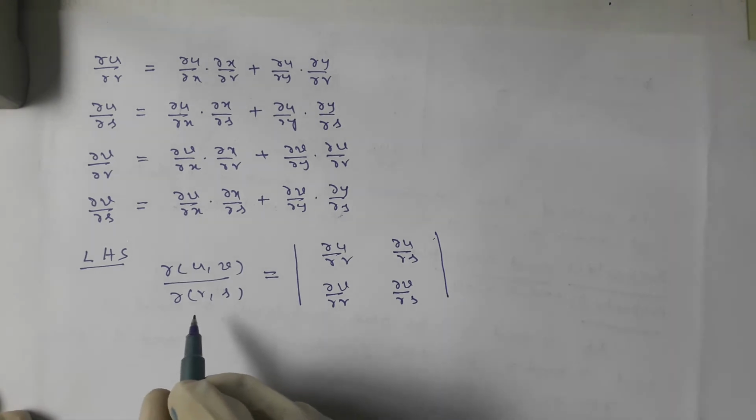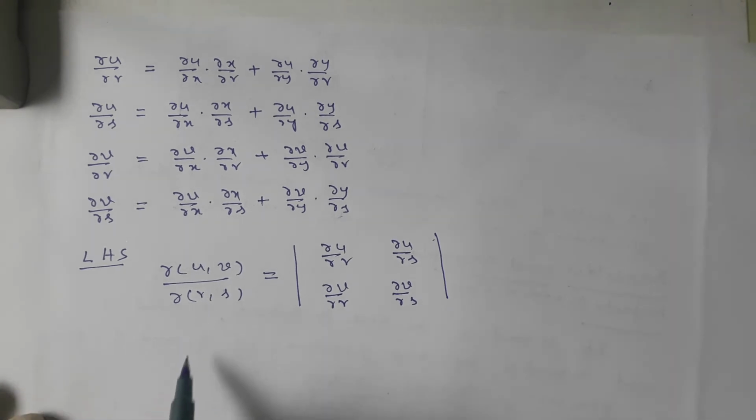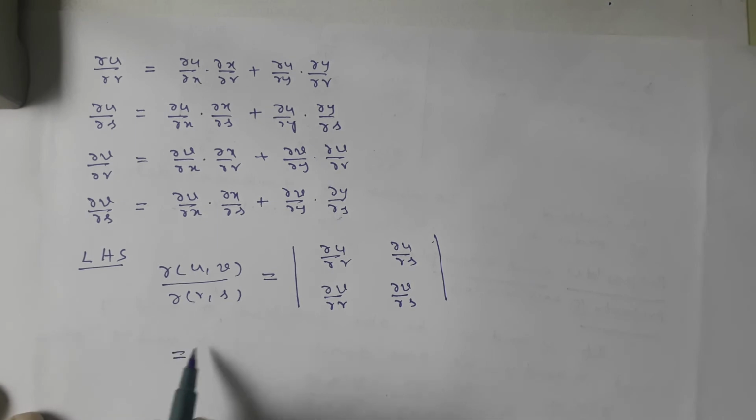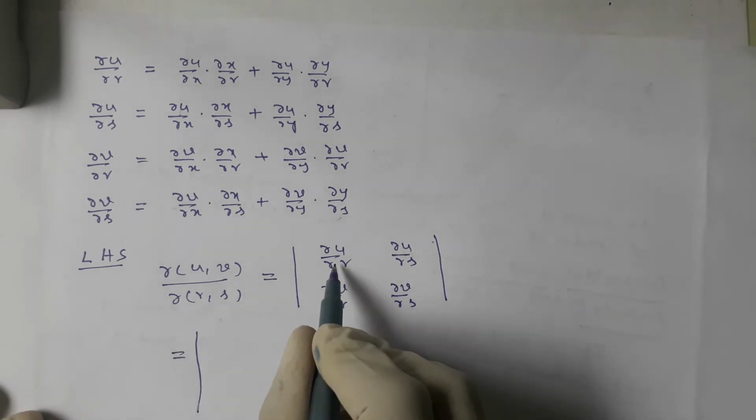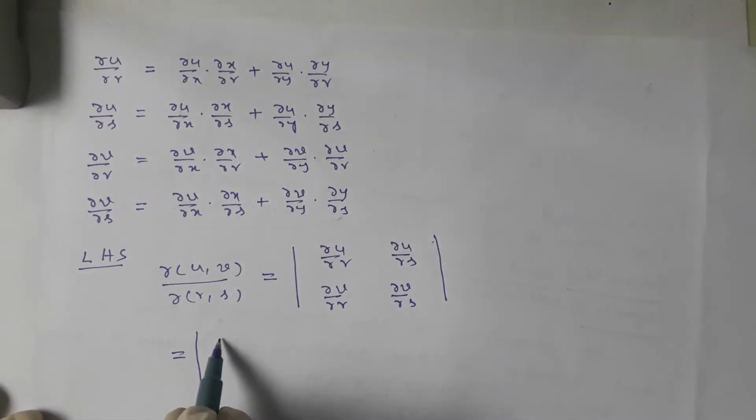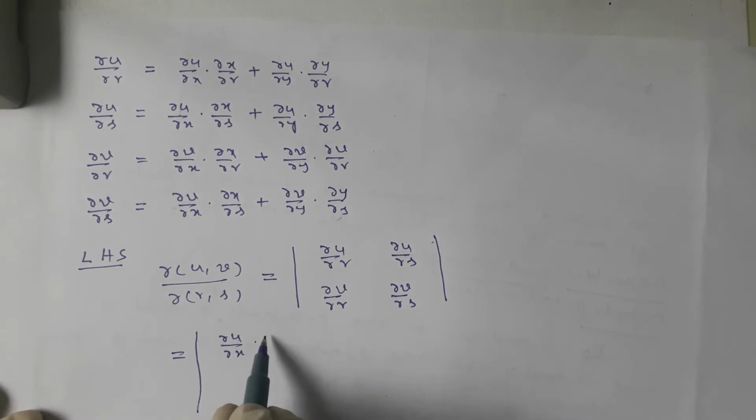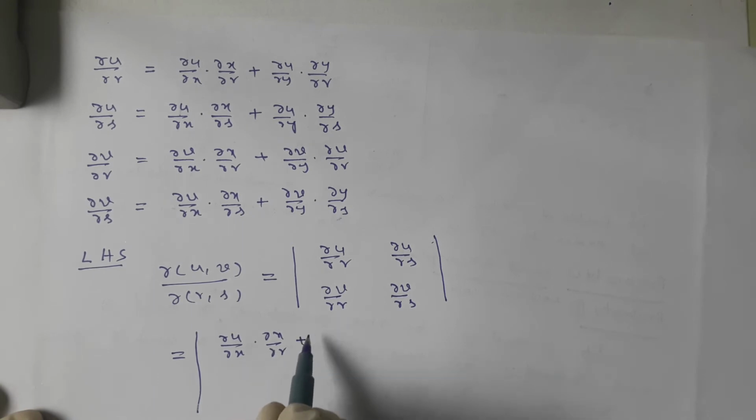So the Jacobian of order 2 is equal to, just substituting the values, ∂u/∂r is ∂u/∂x into ∂x/∂r plus ∂u/∂y into ∂y/∂r.